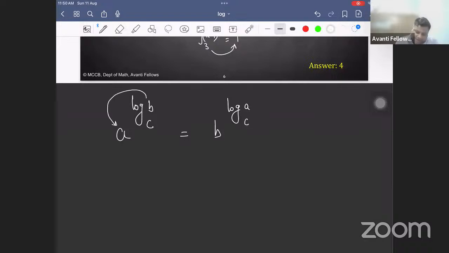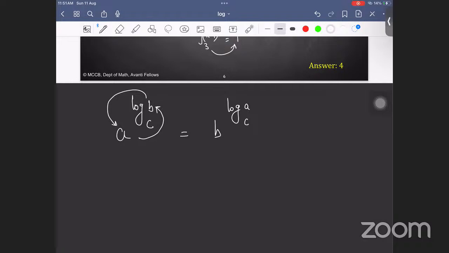These b and a can be interchanged. A to the power log b base c is b to the power log a base c.